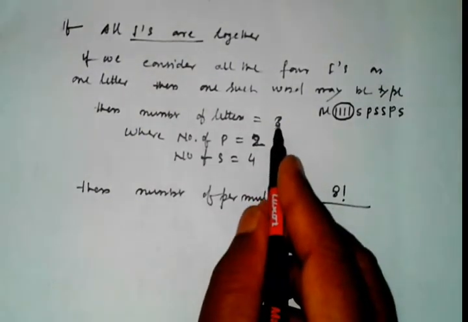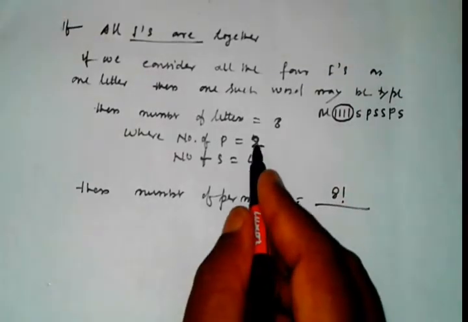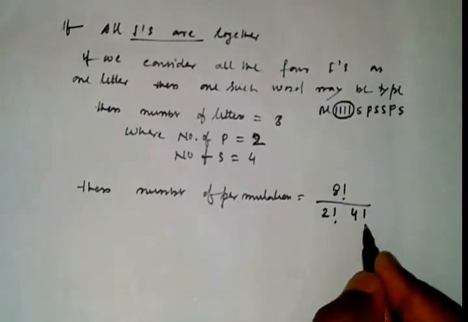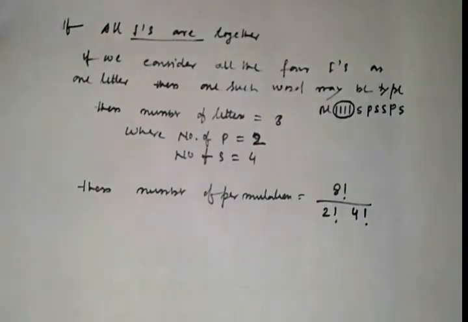Total letters are 8, and in these 8 there are 2 p's and 4 s's. This is the result if all i's are together.